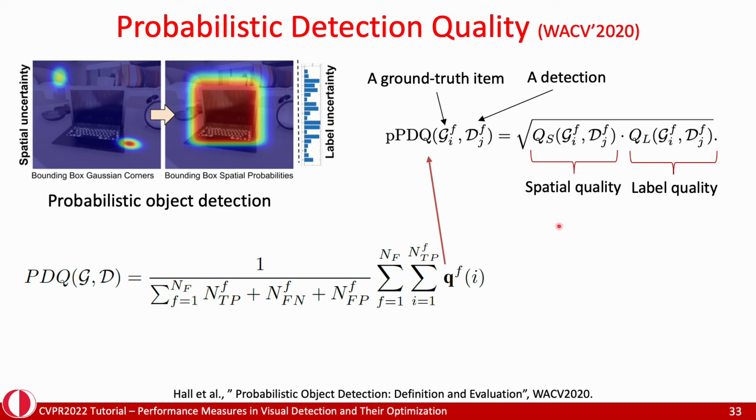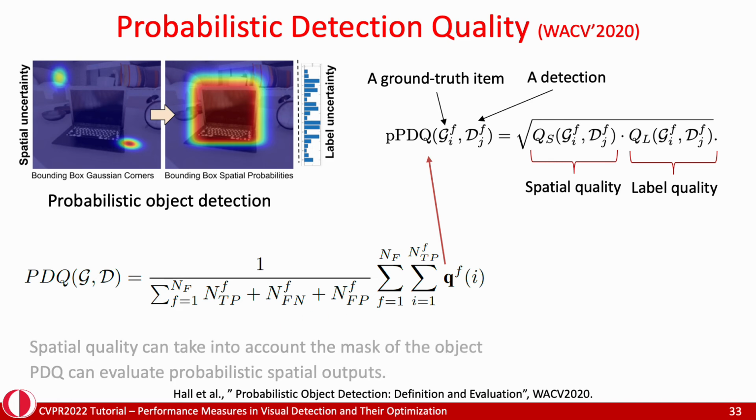And then this total quality is divided by the number of true positives, number of false negatives, and number of false positives. Spatial quality can take into account the mask of the object. This is an additional feature of the performance measure. And PDQ can evaluate probabilistic spatial outputs.